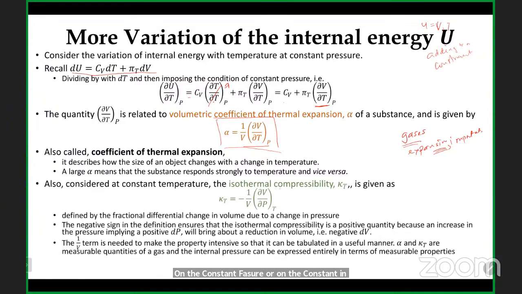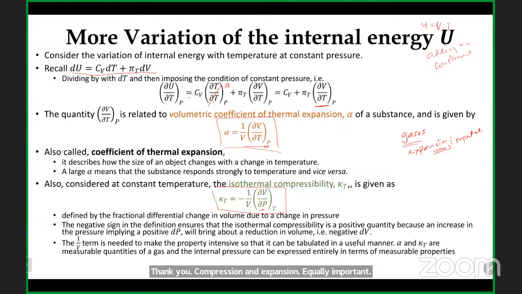You can consider expansion under constant pressure or under constant temperature. And so this was also defined as isothermal compressibility. You see, this is dV/dT at constant P, and this is dV/dP at constant T. That's because compression and expansion are equally important.